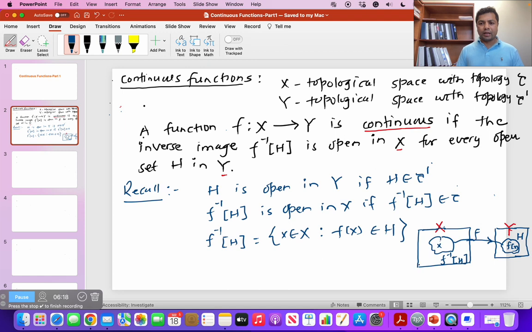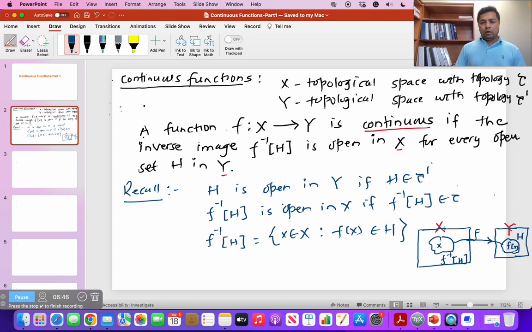Okay, now from this definition you can see that H is open in Y if H is an element of the topology tau prime of Y, and f inverse H is open in X if f inverse H is an element of the topology tau.